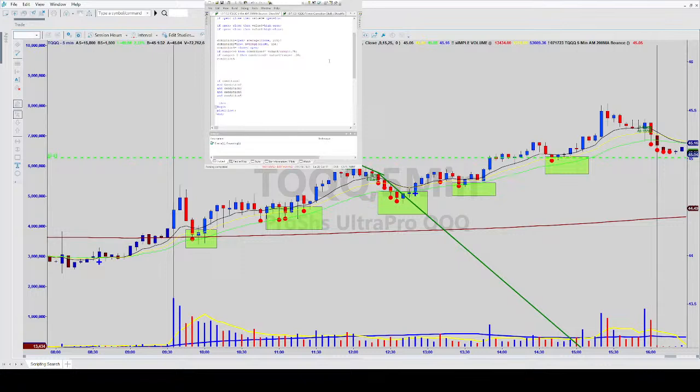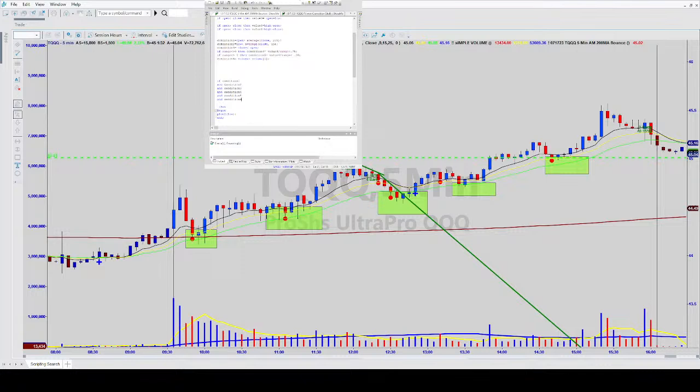Condition 6 equals volume is greater than volume of 1 ago. And condition 6. All right, boom. Got rid of a few more.